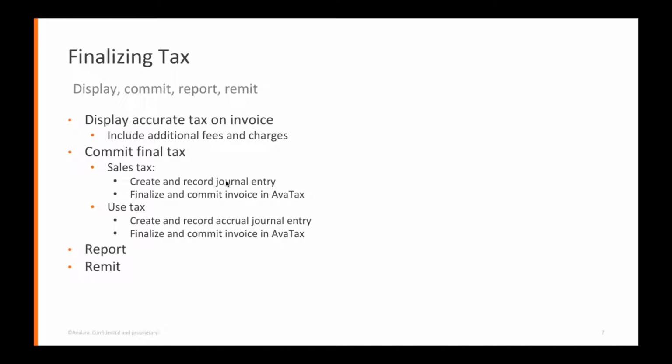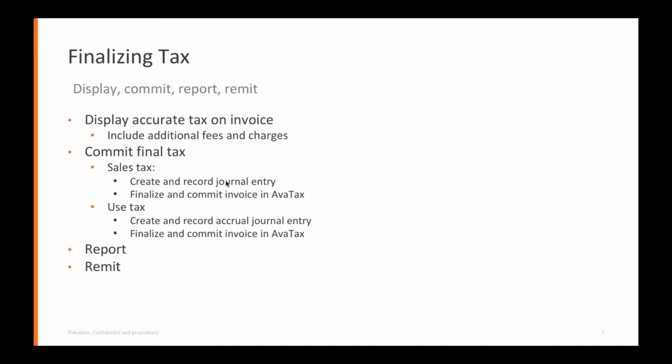On the use tax side, I will self-assess use tax. However, I don't want to include the amount of use tax that I've assessed on my purchase invoice. I do not want that money to flow back to my supplier. I need to hold that money, and it's basically an assessment and an accrual of a future amount that I owe to the taxing authority.